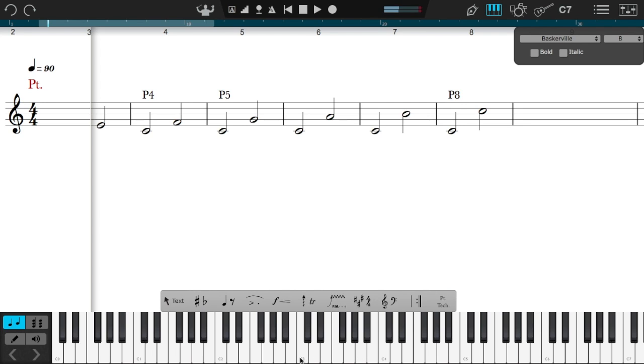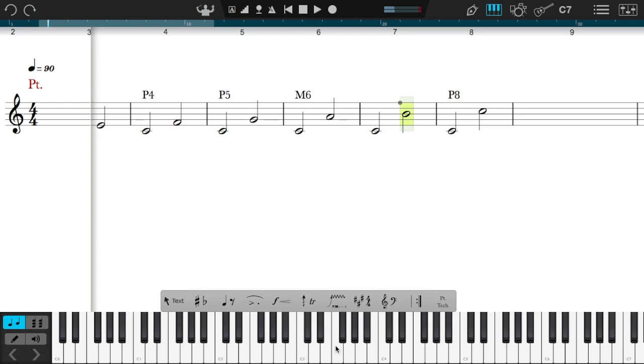So would you say that C to A is a bigger space by semitones, or C to A flat? So C to A is slightly bigger, right? So since we have an A natural going on here, that would be a major sixth.